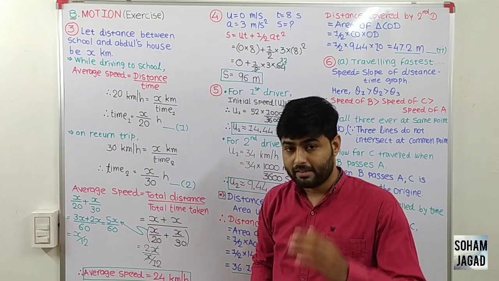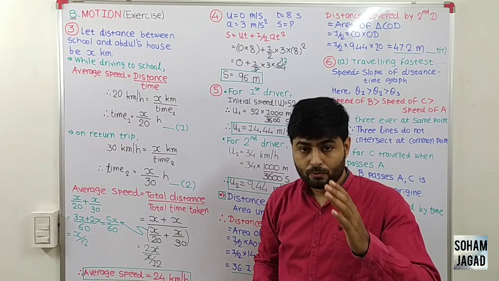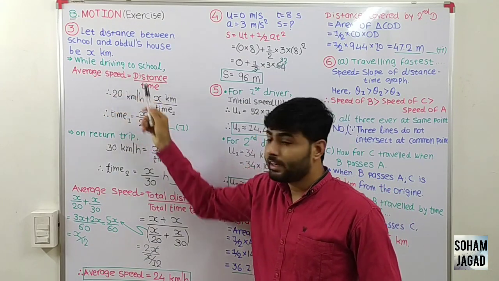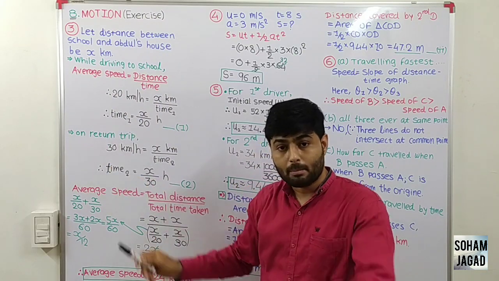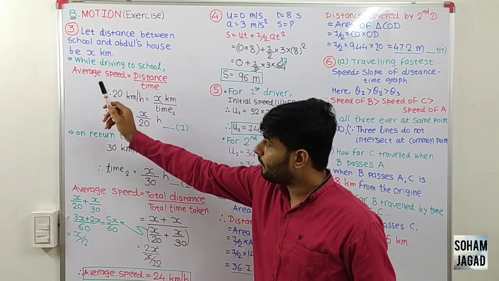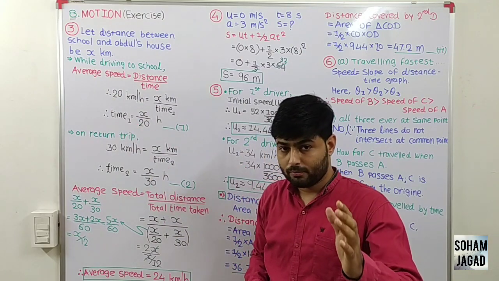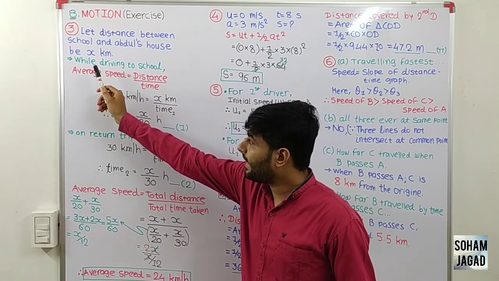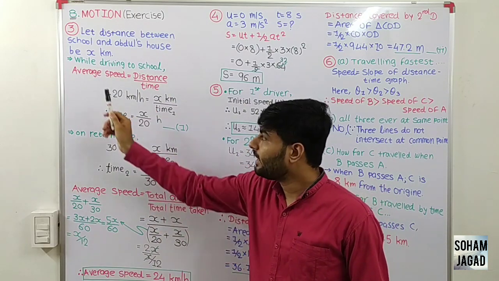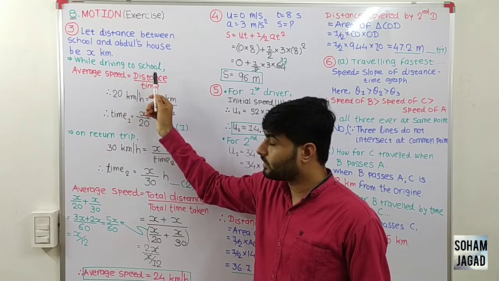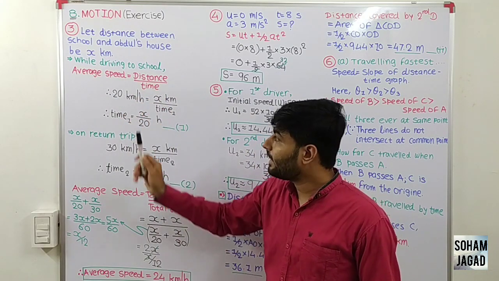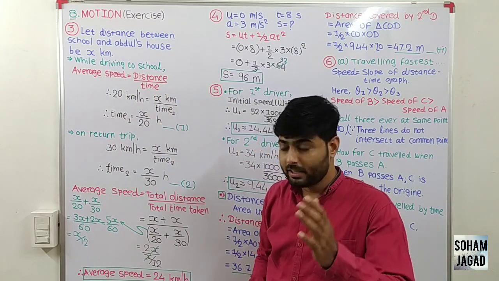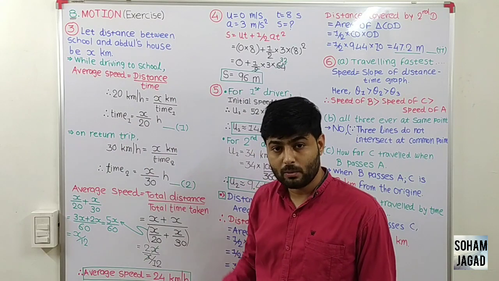Now what we have to find? We have to find time. To find time, we are given the average speed while going to school and returning home. So first of all, put the formula of average speed for going to school. While driving to school, average speed is equal to distance divided by time. Here we assumed distance as x kilometer, and average speed is given as 20 km per hour.